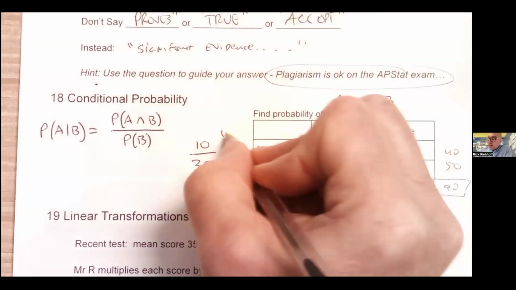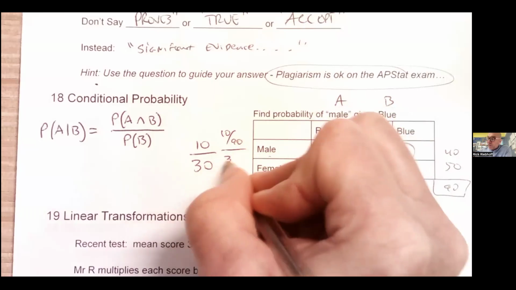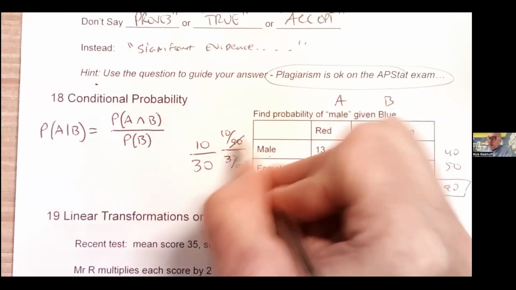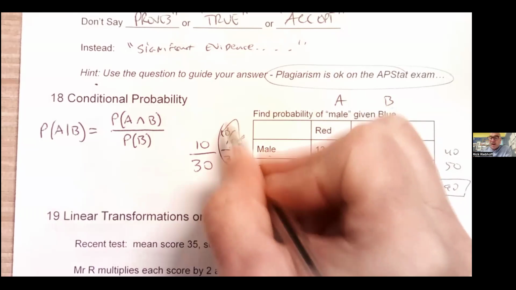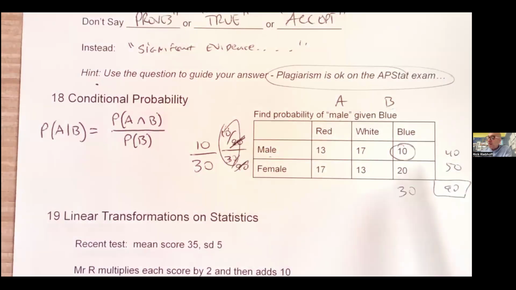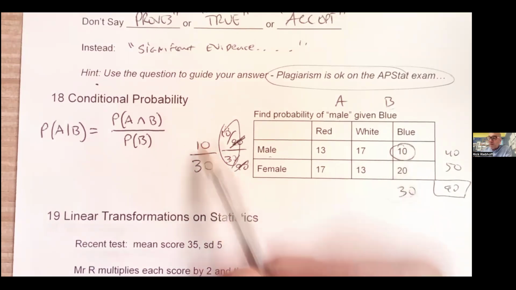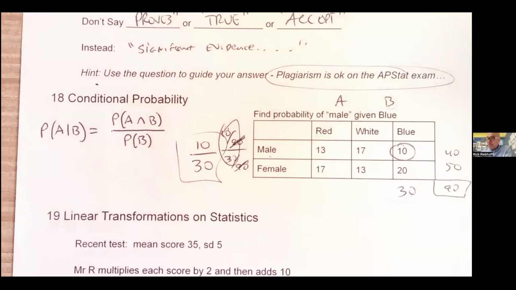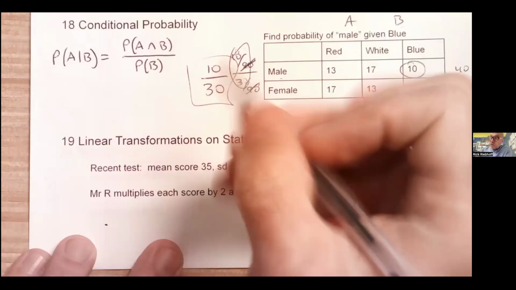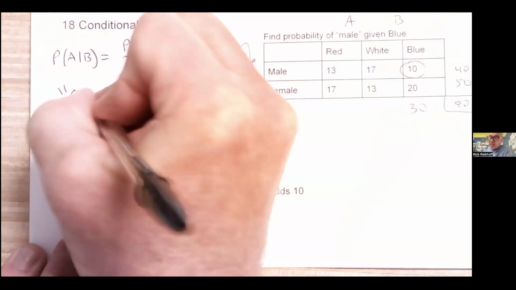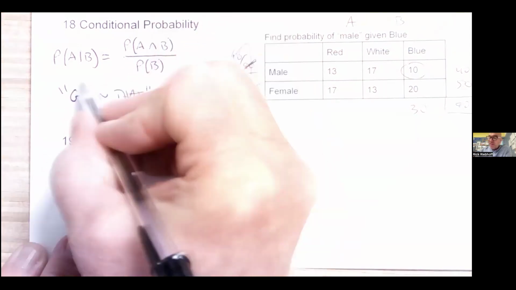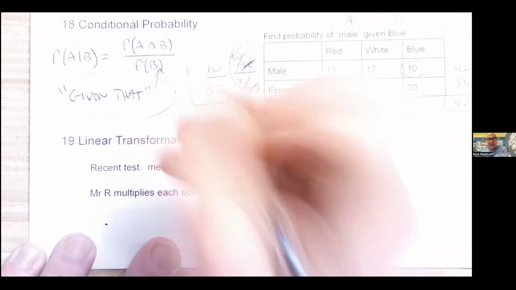So you could do 10 out of 90 over 30 out of 90, but you see that the 90s cancel out. It ends up being just 10 out of 30. So probability of male given blue: there's 30 total people who chose blue, 10 of the 30 are male. There we go. Okay, cool. But look for the words given that, right? Whenever you see given that, open your green sheet and find that right there.